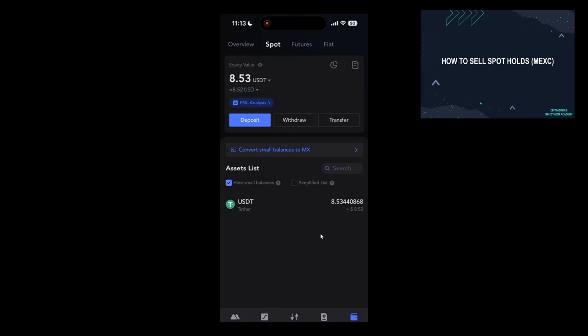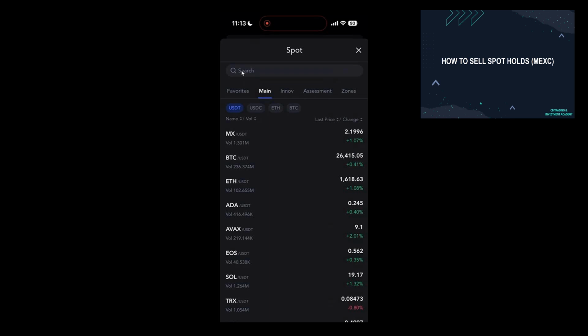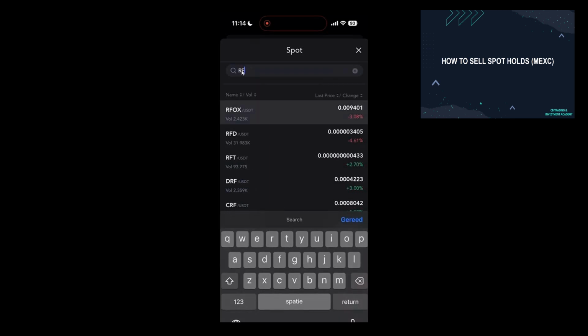What you then do is go to the trade tab, and as you can see, it is already on RFox USDT. But if it's not, you press the pair button and search for the right pair.